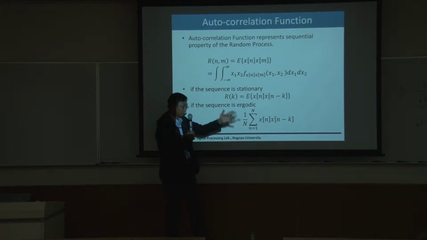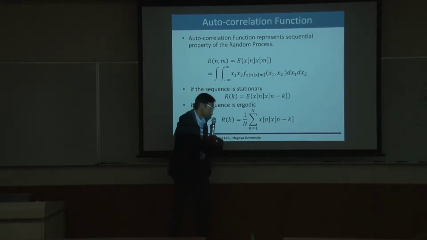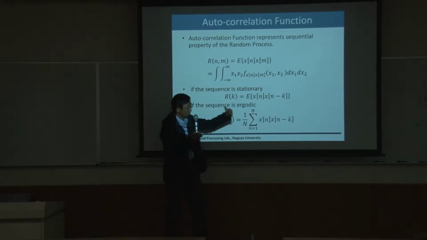Whatever the point is, you can calculate the relationship or product of the n and k apart sample, and that value is constant for a given k.